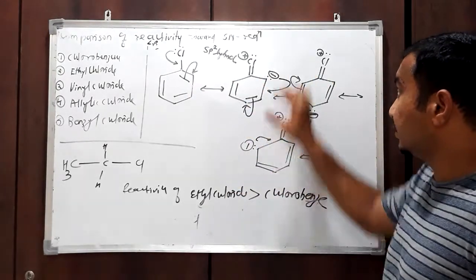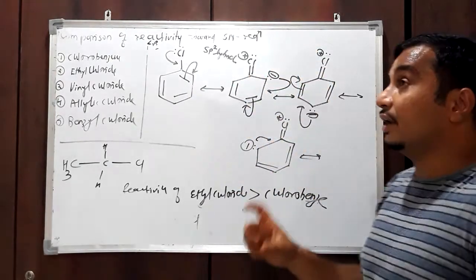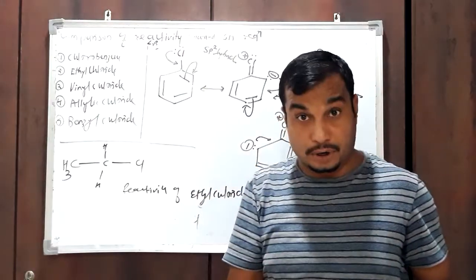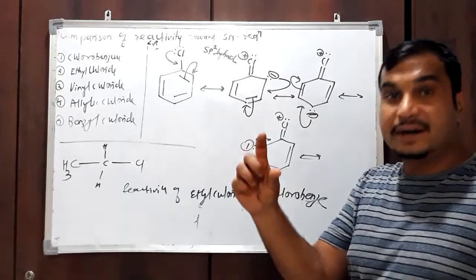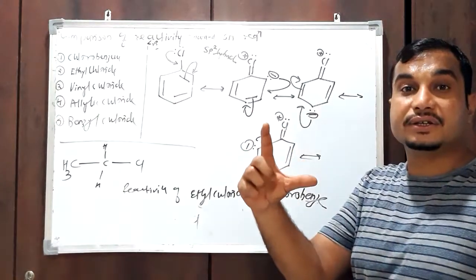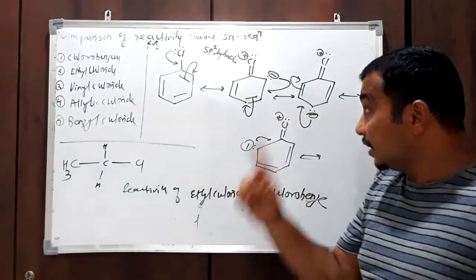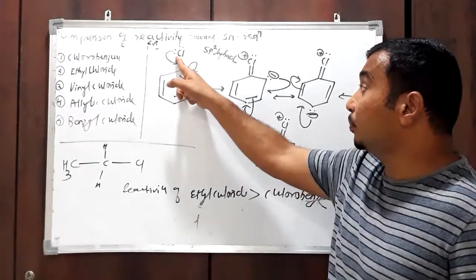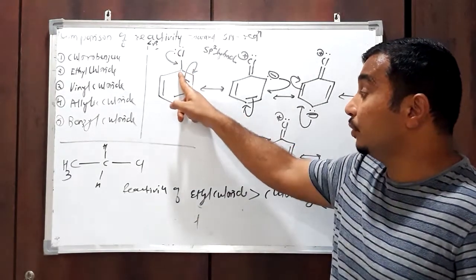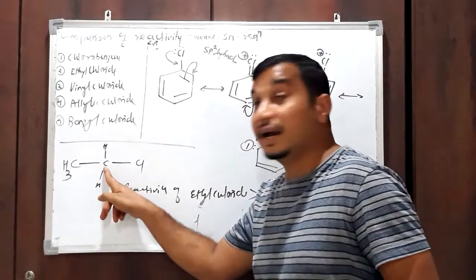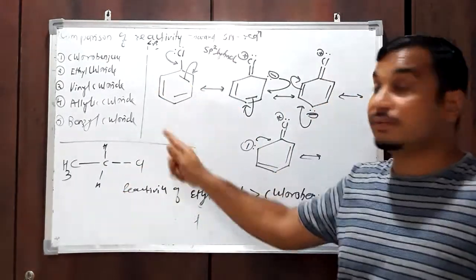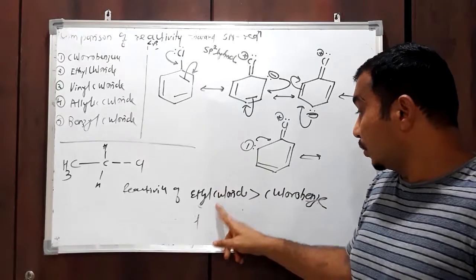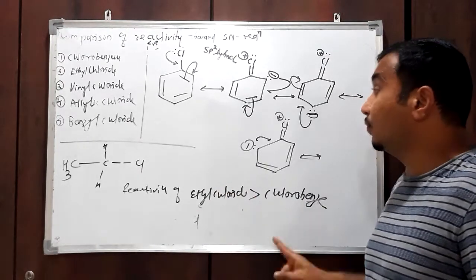Due to this resonance the carbon chlorine bond gains double bond character. It is no more a single bond, so the bond length decreases, which means bond energy increases. It is somewhat difficult to replace the chlorine atom from chlorobenzene than from ethyl chloride. It is a weaker bond in ethyl chloride. Therefore the reactivity of ethyl chloride is greater than the reactivity of chlorobenzene.